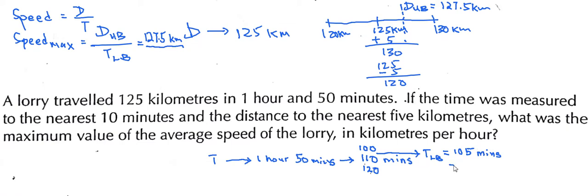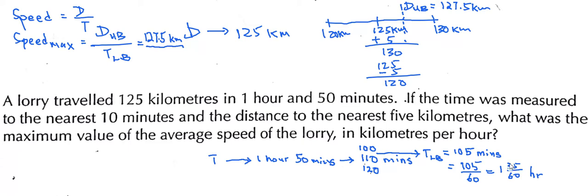Okay. Now, what you have to do is, you can minus 60 first, or you can divide by 60. Okay, 105 divided by 60, you end up with 1 hour and then you got 45 minutes. Oh, sorry. I made a mistake here.